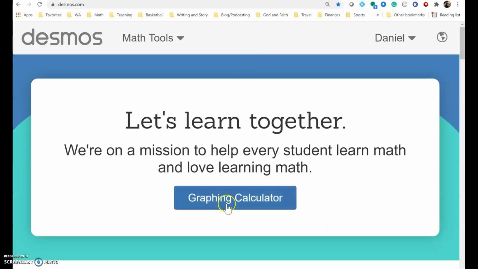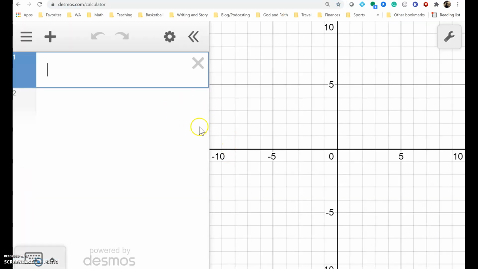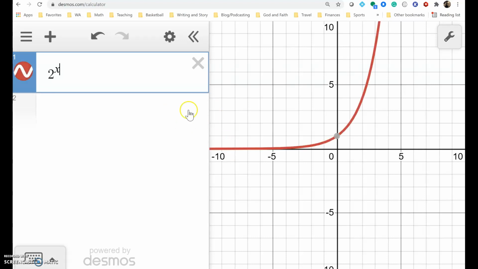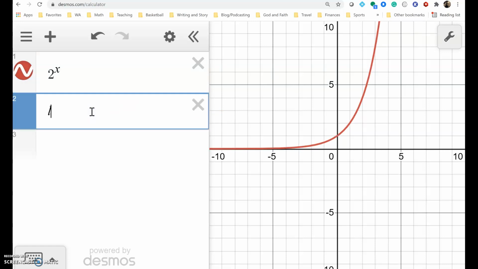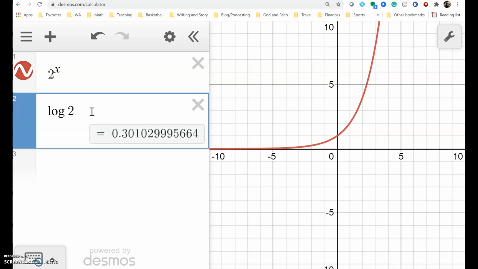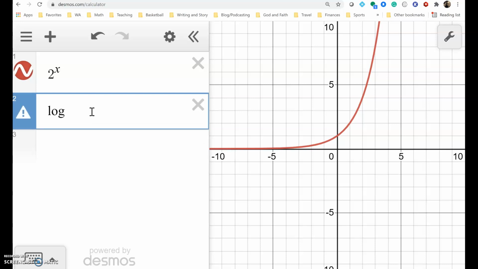5th period, I know you saw Desmos and you freaked out, but I just want to remind you. If you do like 2 to the x power, it looks like this. If you did log, will it let me do the base? I don't know if it'll let me do that. Let's just do log of x.